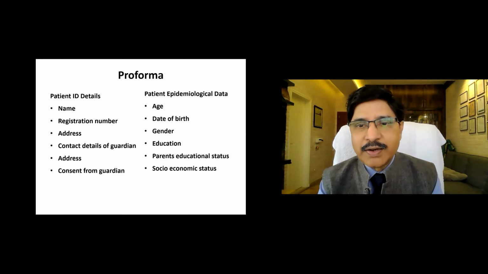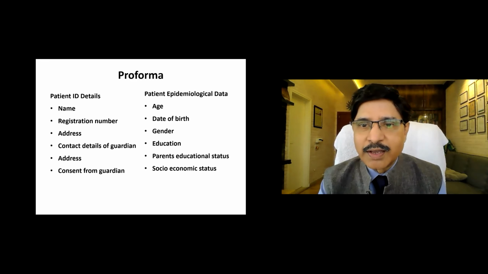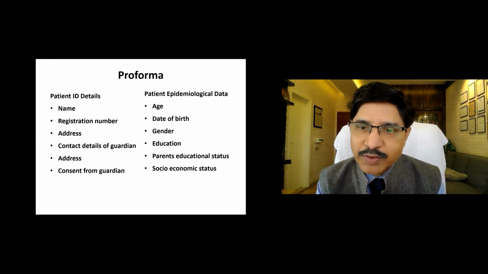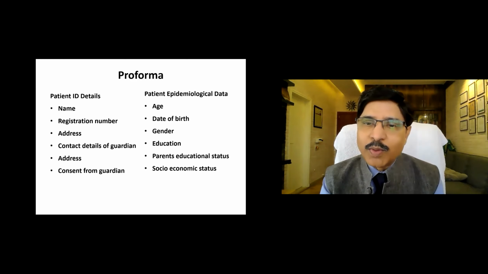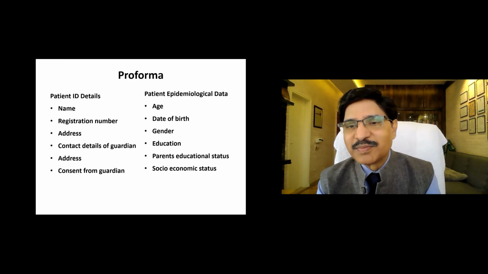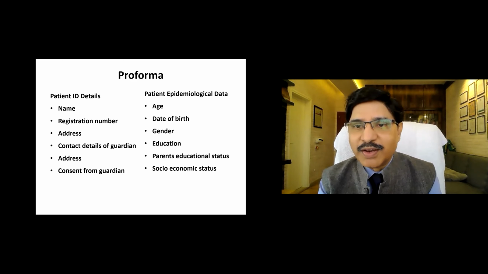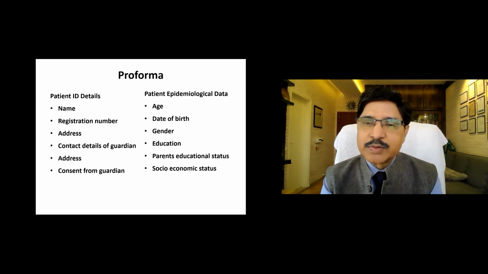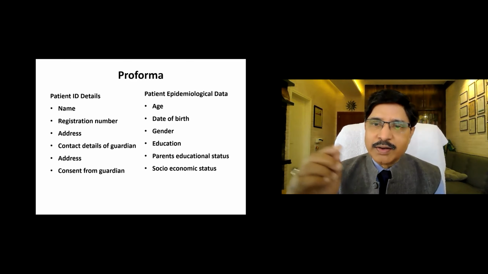Over a period of 1 year, the investigator expects the mother to give Horlicks faithfully twice a day. What interest does the woman have in finding an answer to this question? So you have to generate that interest, and there must be a diary where they will record, yes, given.